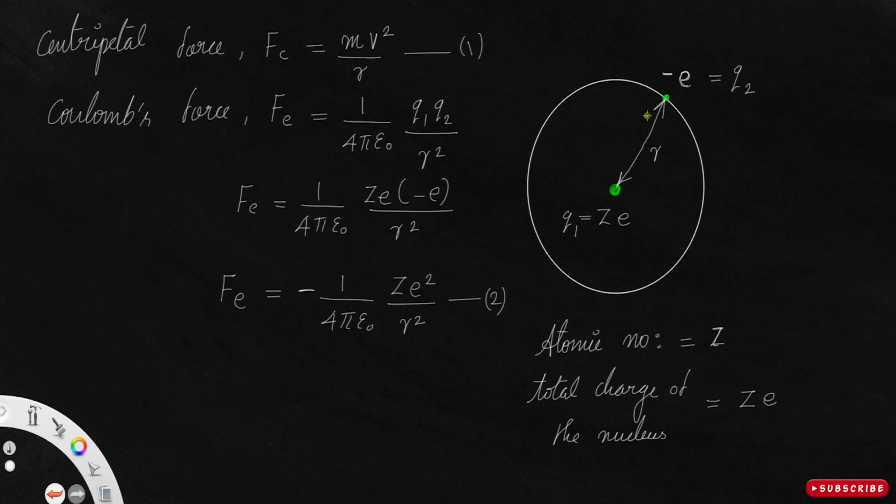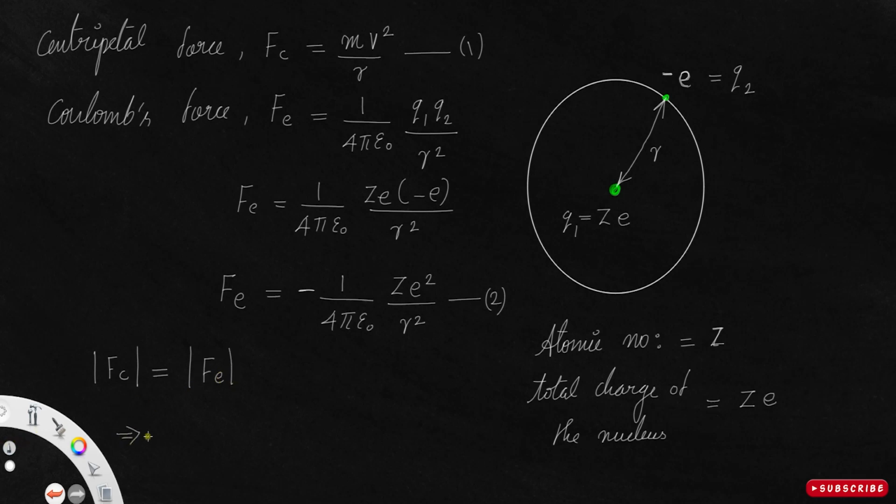And some force must provide the centripetal force, otherwise rotation won't happen. In this case, the centripetal force is provided by the electrostatic force. So their magnitudes must be equal. That is, the magnitude of the centripetal force must be equal to the magnitude of the electrostatic force.